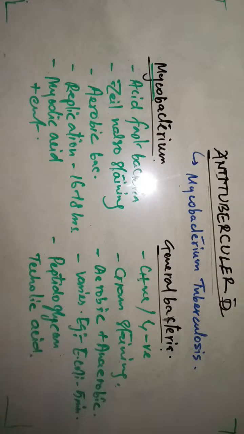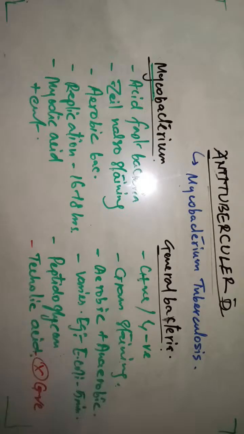Now, the most important point you have to remember: this teichoic acid is absent in gram-negative bacteria. It is present in gram-positive bacteria. Peptidoglycan is also present in the gram-positive bacteria.